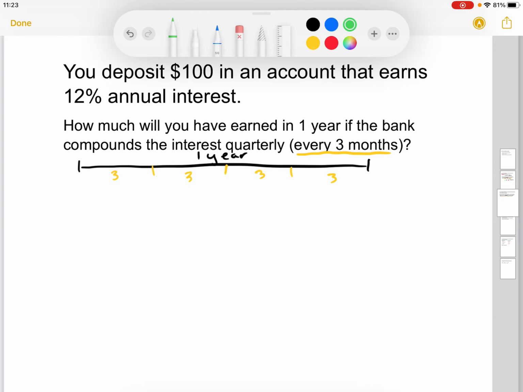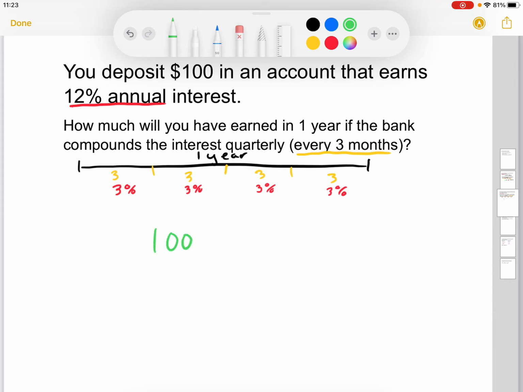Now, we're going to apply the same interest rate to each of those pieces. And again, we're splitting our 12% annual interest rate into each of these pieces. So each of these is going to get 3%, because the percentage rate needs to add up to 12 by the end of the year.